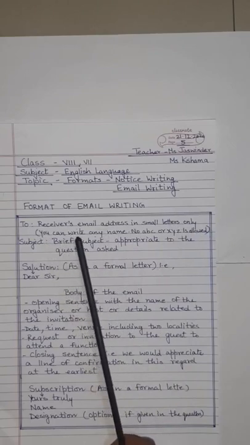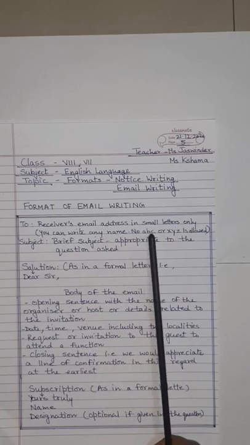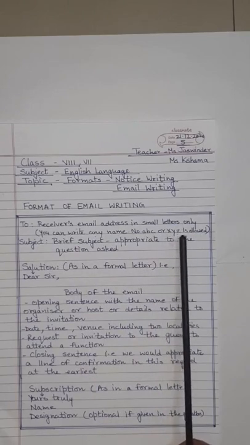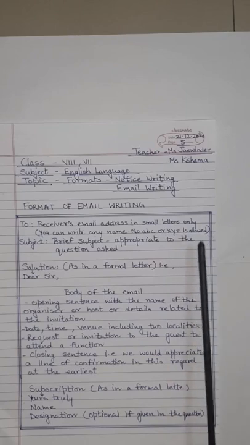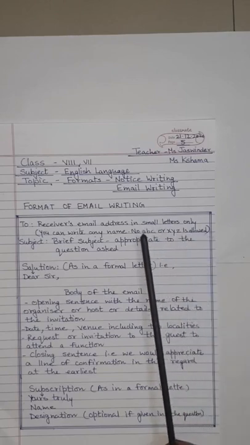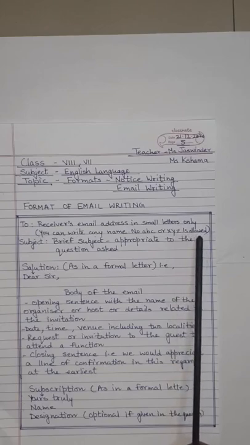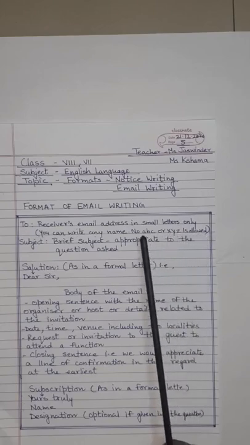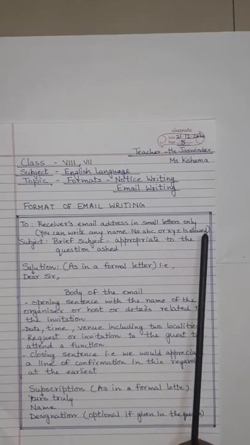You can write any name, but no ABC or XYZ is allowed. Earlier, you were used to writing ABC or XYZ, but now in the new format, no ABC or XYZ is allowed.